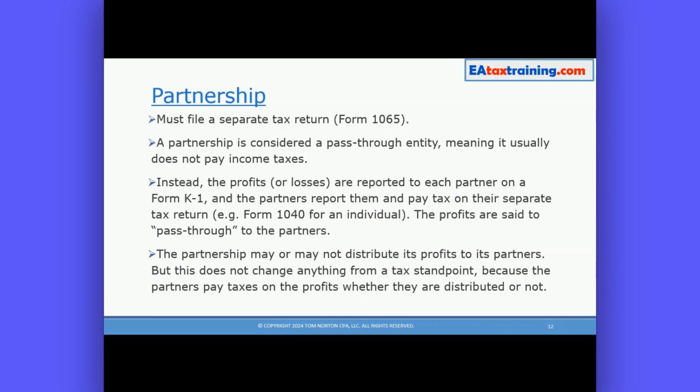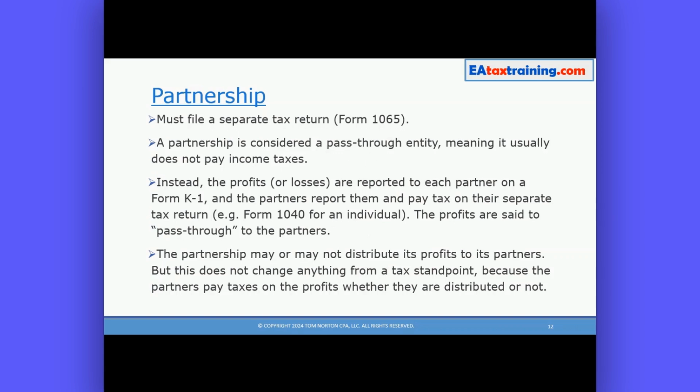From a tax standpoint, a partnership does need to file a separate tax return, and it is Form 1065. A partnership is considered what we call a pass-through entity, meaning that the partnership itself usually does not pay income taxes.